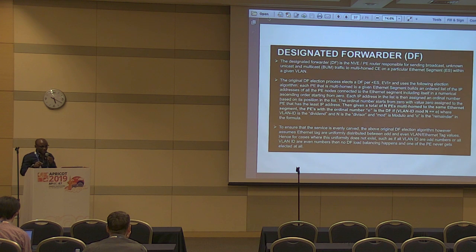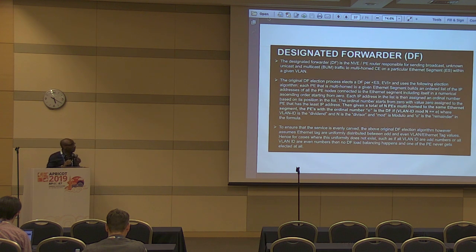The ordinal number starts from 0, with the value 0 assigned to the PE that has the lowest IP address. Then it uses this formula for a total of n PEs multihomed to the same Ethernet segment: the PE with ordinal number 0 is the DF if the VLAN ID modulo n is equal to the ordinal value.